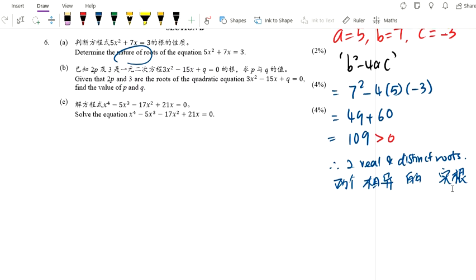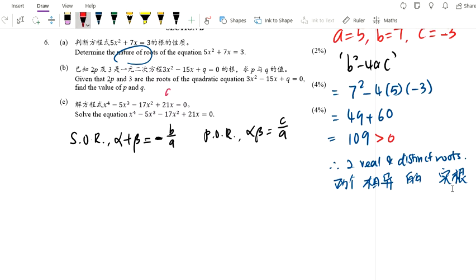Sum of roots, or we always write it as alpha plus beta, where alpha and beta are the roots of the quadratic equation, is equals to negative b over a. Always remember we have a negative here. Product of roots, or alpha times beta, equals to c over a. For this equation, your a equals to 3, b equals to negative 15, and c equals to q.